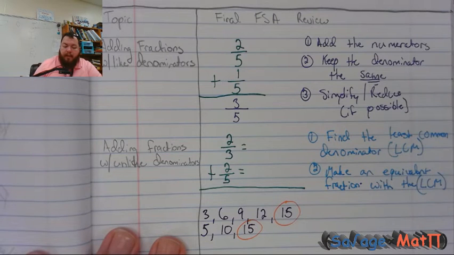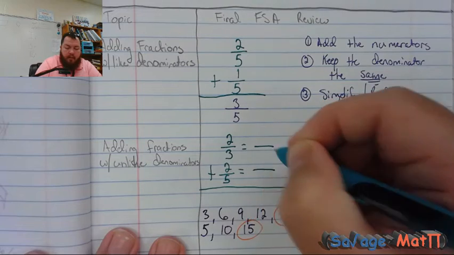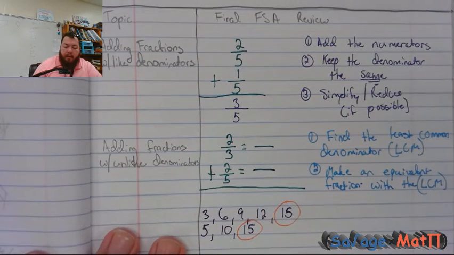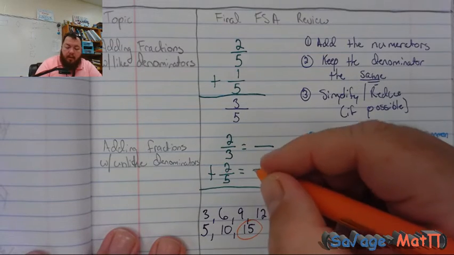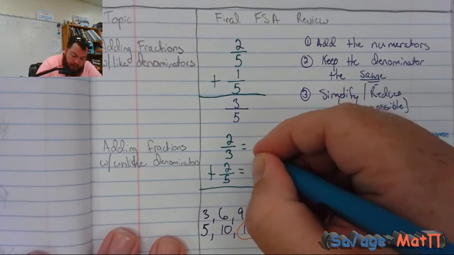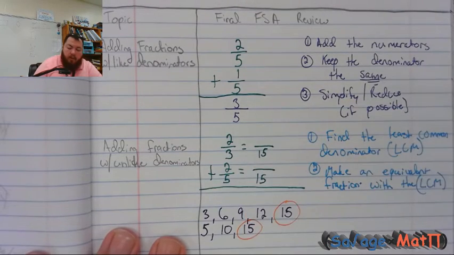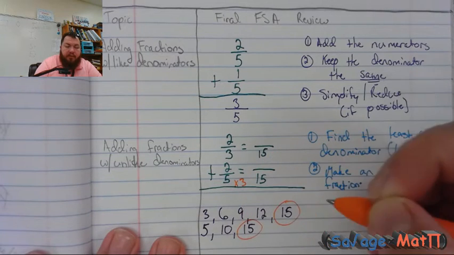When we make an equivalent fraction, everybody really needs to pay attention right here. We know our least common denominator is going to be 15, right? We figured that out. Well, 5 goes into 15: we had to do 5 times 3 equals 15.